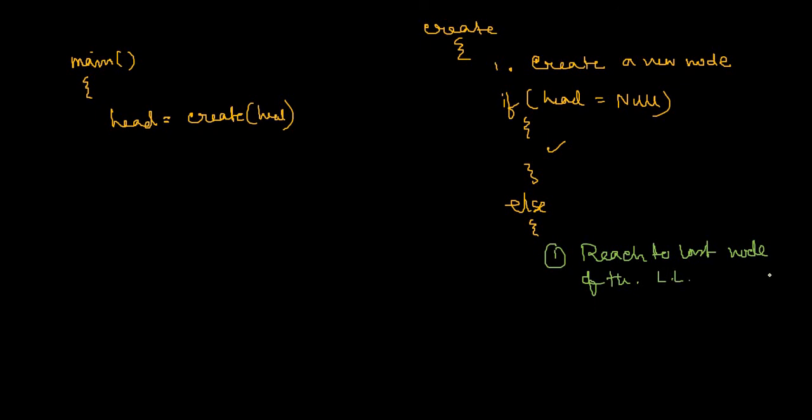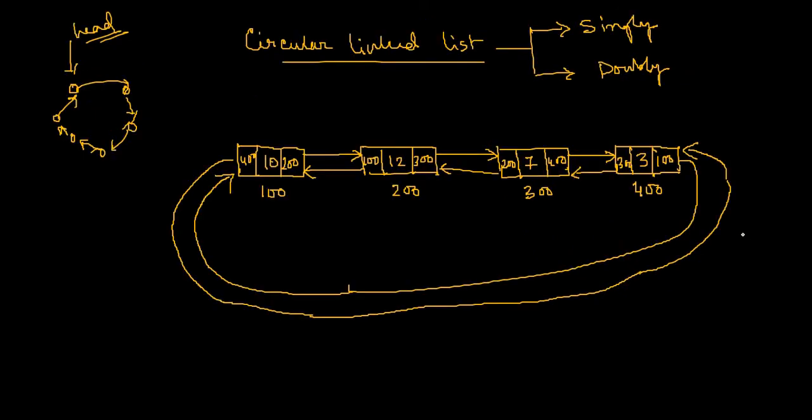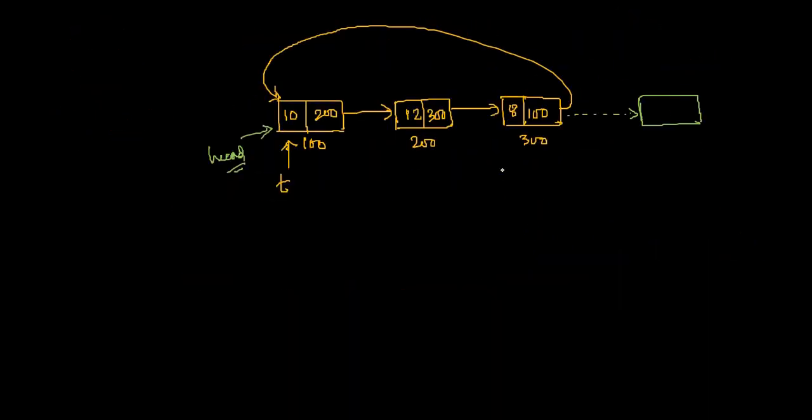After reaching the last node, I can assume that there is a pointer which is pointing to the last node, for example, P. Because T is pointing to the newly created node, as we have seen. So T is not pointing here. Forget about T over here, right? So I assume that I took a temporary variable P, which started from head, and at the end it stopped.